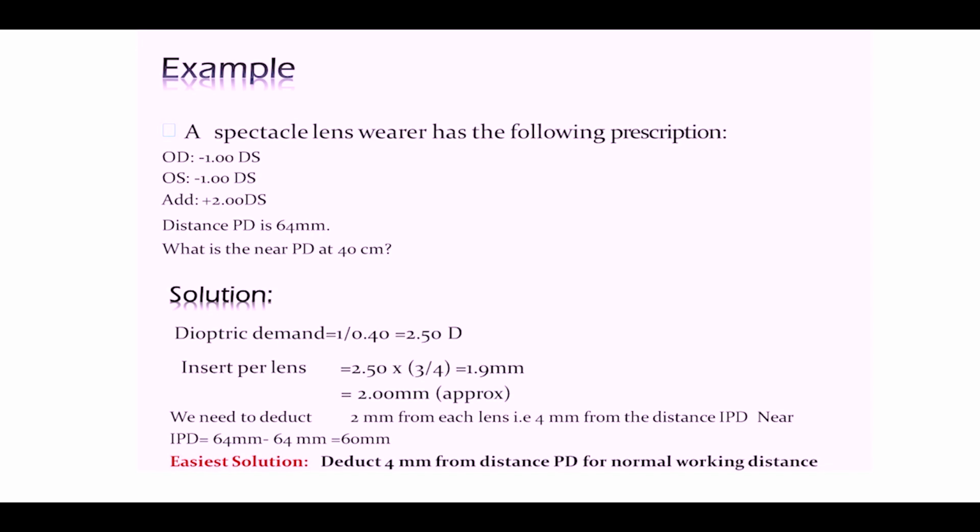In case the distance PD is 33 on the left and 31 on the right, then deduction of 2 will become 31, deduction of 2 on the left will become 29. So this is the near PD. That's simple. Alright, so the easy way is to deduct 4 mm from the distance PD, which will give you the near PD.